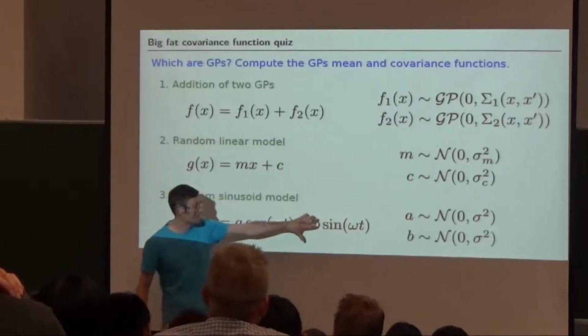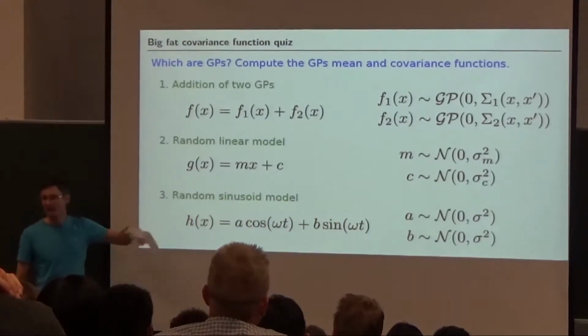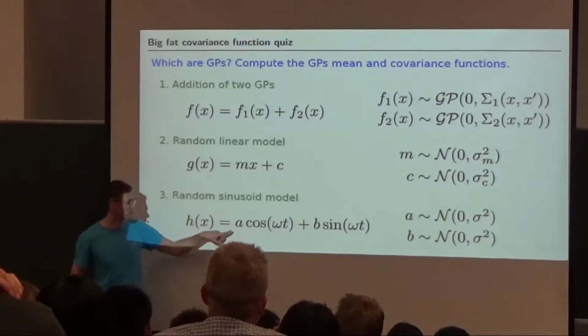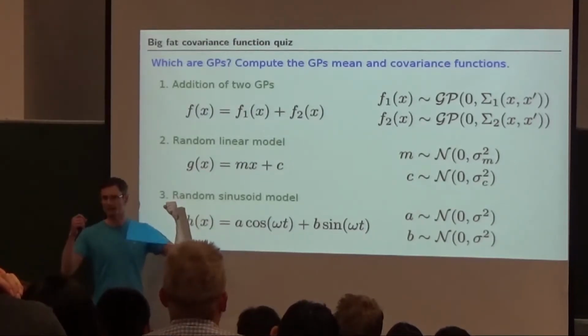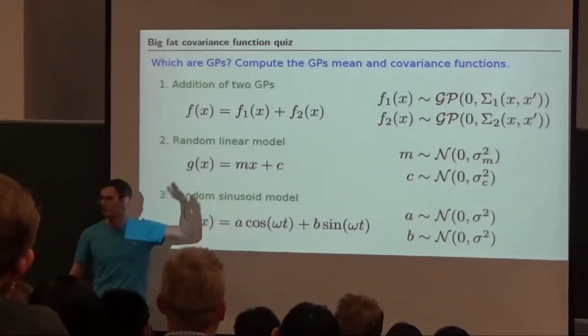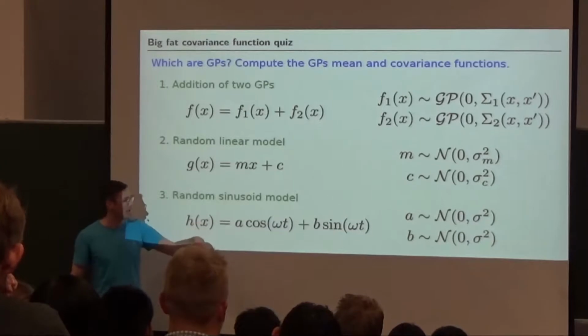Notice that this construction would generate random sinusoids which, if you remember your trigonometric identities, is equivalent to drawing an amplitude randomly and the phase randomly, uniformly around the circle, basically.